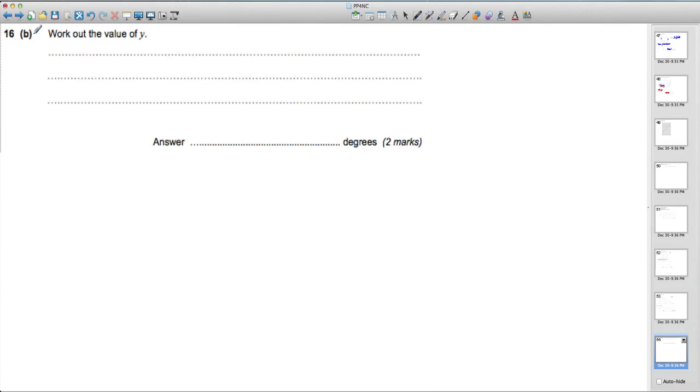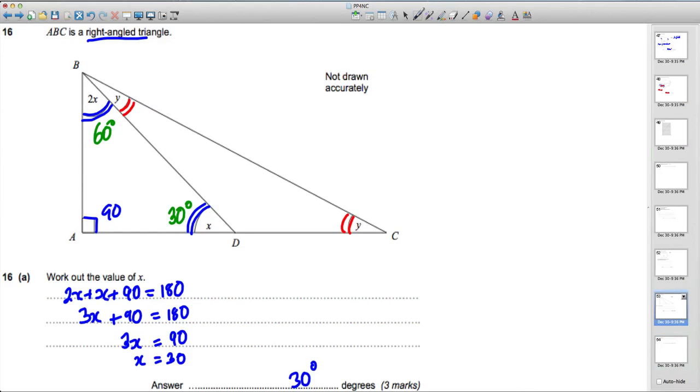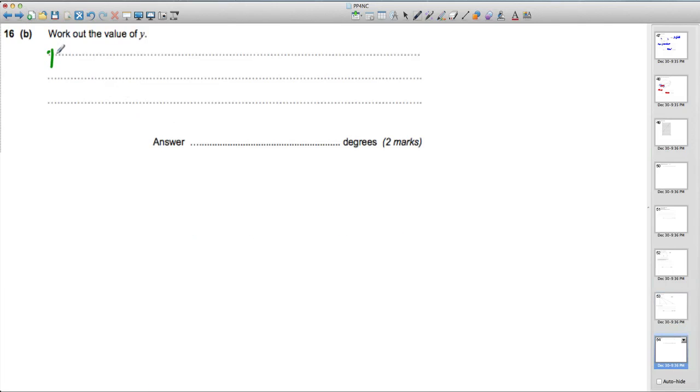Okay, then it says work out the value of y. Well, looking back at your picture, this angle here must be 150 degrees, because it's on a straight line with x. So call the angle DCB. So state that DCB, the angle that's there, must be 150 degrees on a straight line with x.